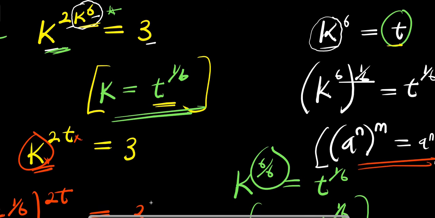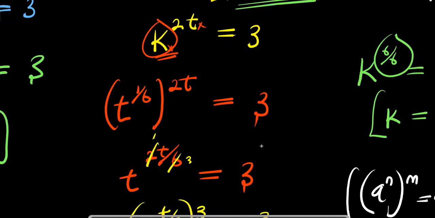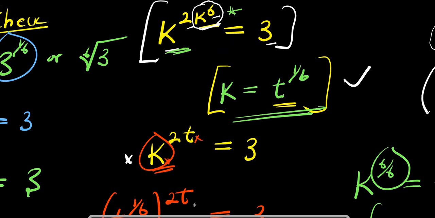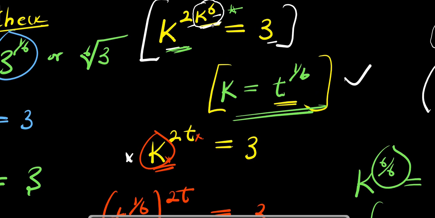The key step is to ensure that you replace this k power 6 with a variable. And in this case, we are making use of t. Remember, from there, we made k the subject of the equation, which gave us this. From here, we inserted this back into that original equation. And that actually gave us this particular equation, because our k power 6 is t, like what I did earlier on.